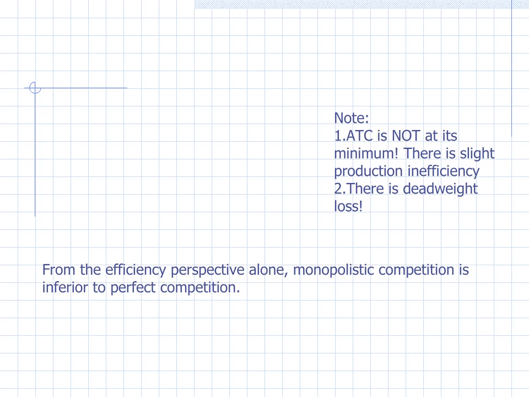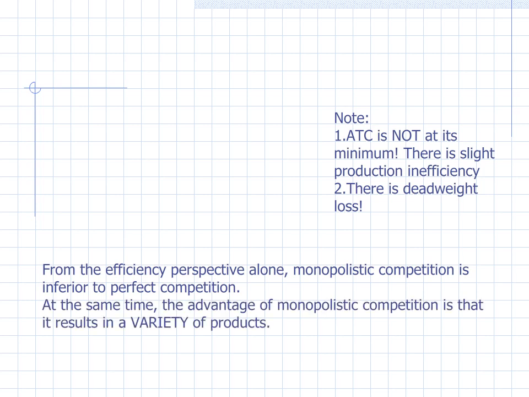People like variety. And in monopolistic competition, there is a great variety of products, different kinds of food, different kinds of cars, different places to buy your groceries, to buy your gas, to go for coffee, and so on and so forth. This aspect, the greater variety of products, is not reflected in any of the graphs that we've been drawing.